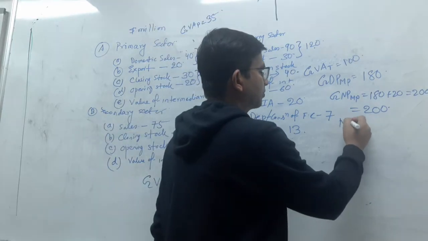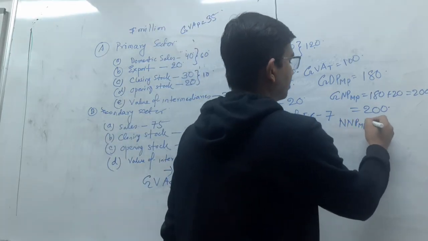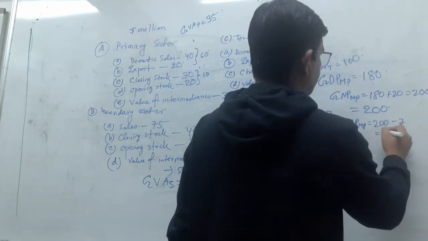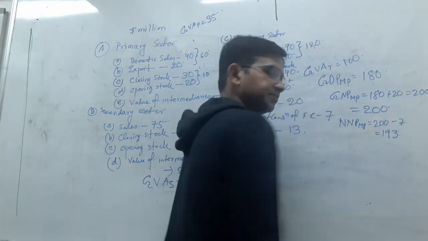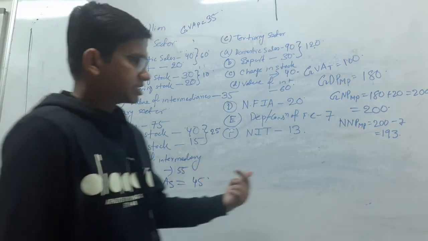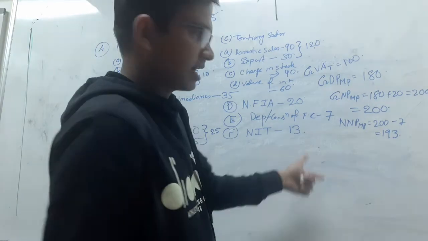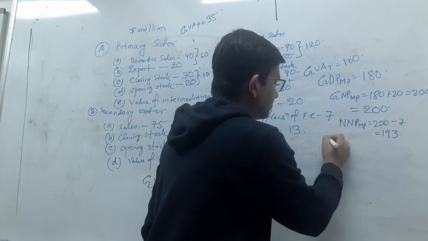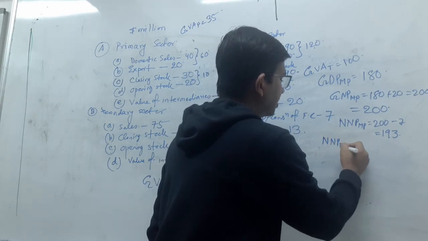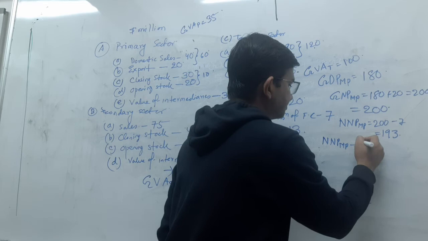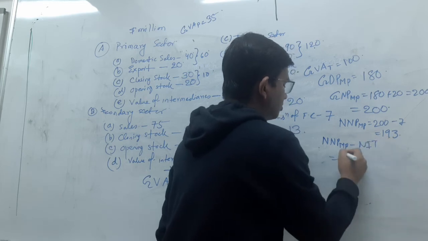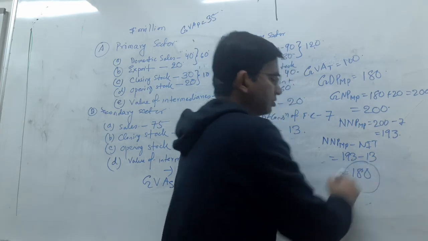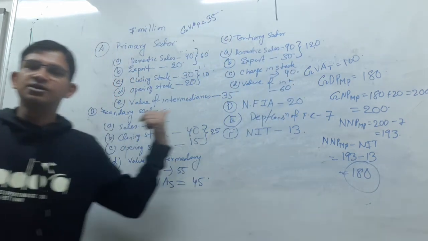So net national product at market price will be equal to 200 minus 7 equals 193. And at the final stage, we have to subtract net indirect taxes from net national product at market price to get national income. So NNPMP minus NIT equals 193 minus 13 equals 180. So the national income of this country is 180.